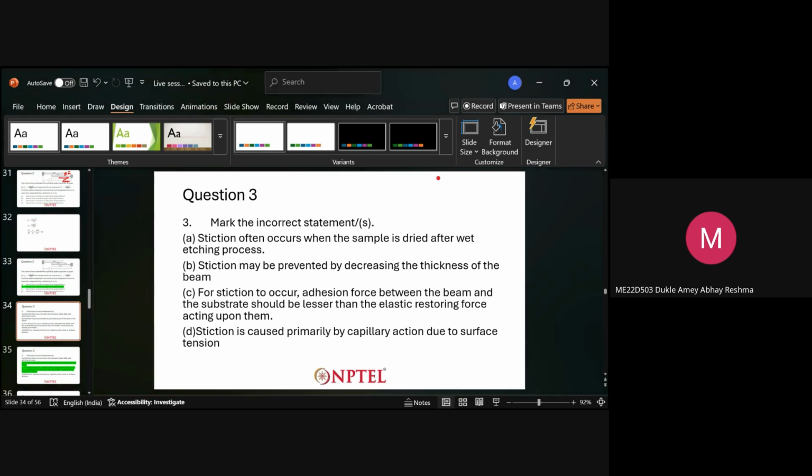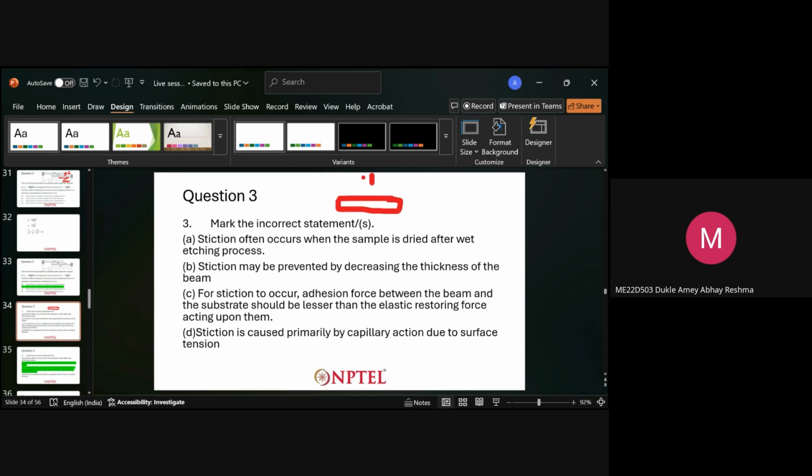So I'll again explain stiction to you, just so that you can answer the question yourself. So you have a silicon wafer here. What is the first step in photolithography? Basically the first step is you put the resin.